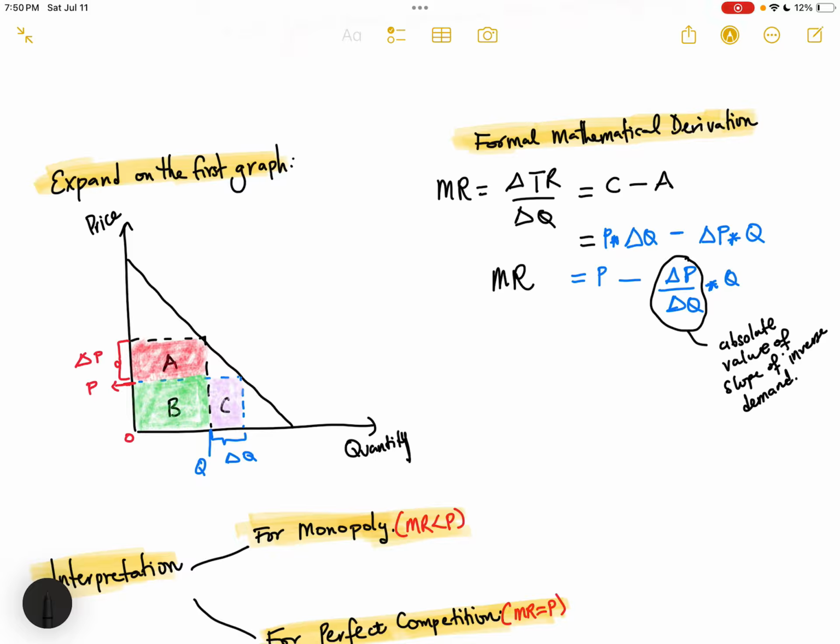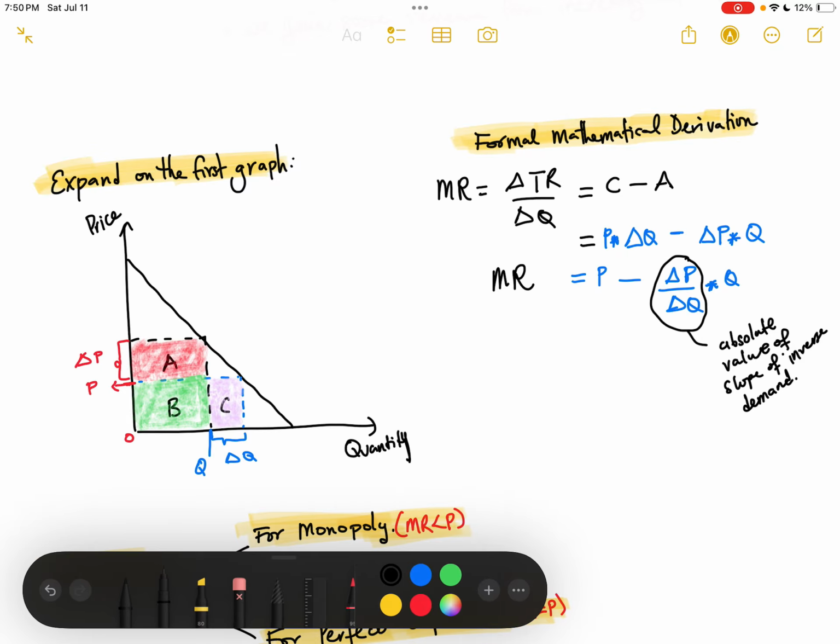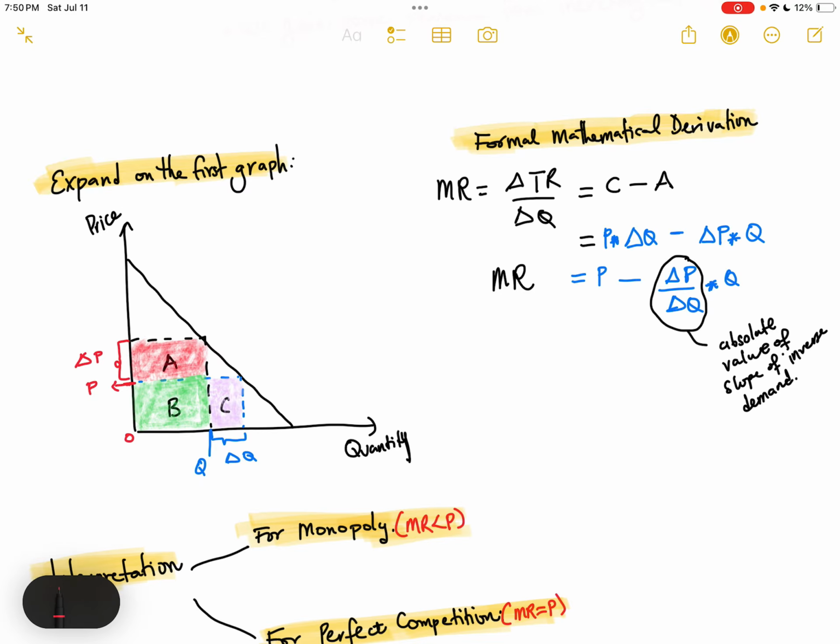The reason I like to use this is so that students can see that marginal revenue, now let me switch to red here, students, I want students to see that marginal revenue is not price. Marginal revenue is price minus some value, right? Marginal revenue is price minus some value being this part here.